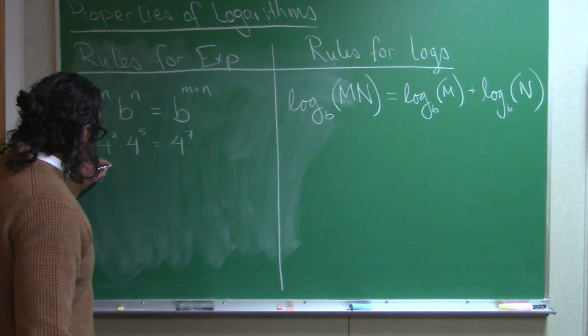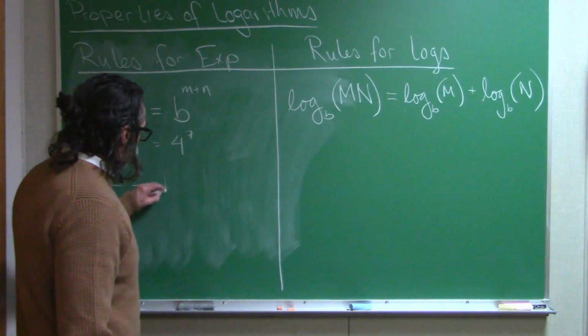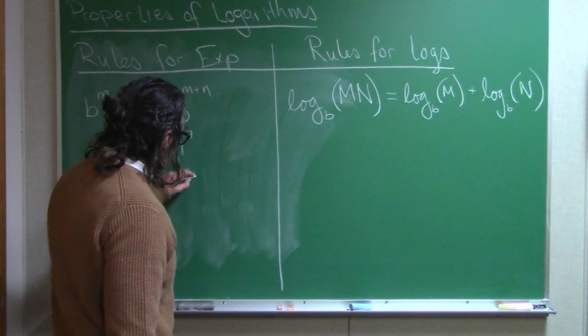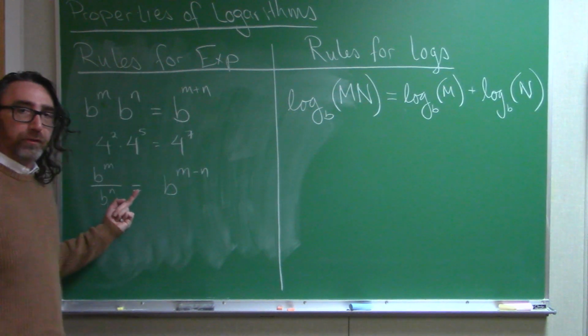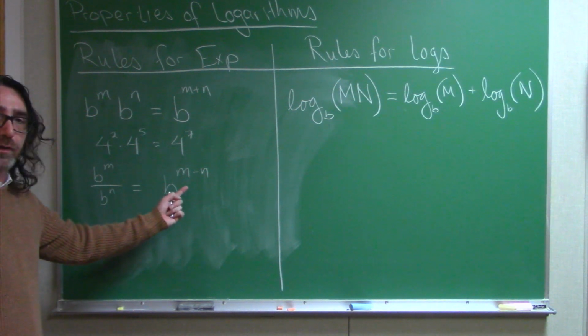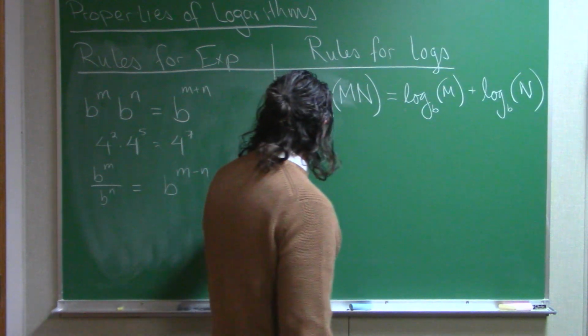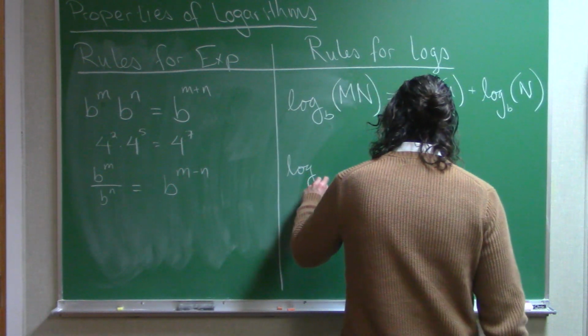Similarly, we have a rule for exponents that goes like this. If I take 2 powers and divide, that's equivalent to subtracting the exponents. And that leads to a corresponding rule for logs.